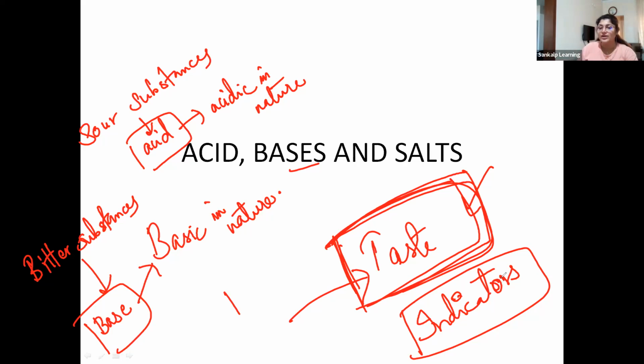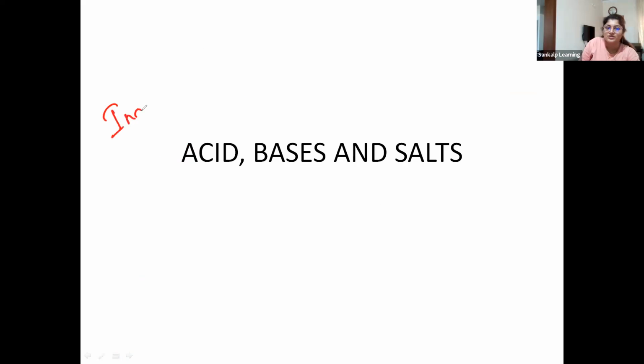So what does this indicator indicate? It indicates whether the substance is acidic in nature or basic in nature. So how do indicators play their role?